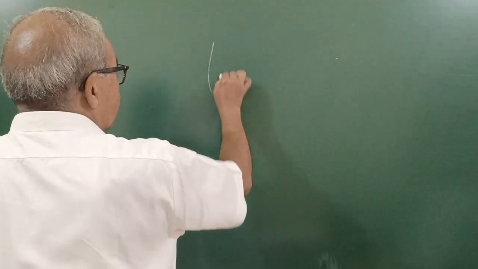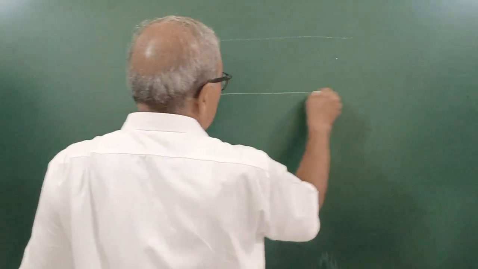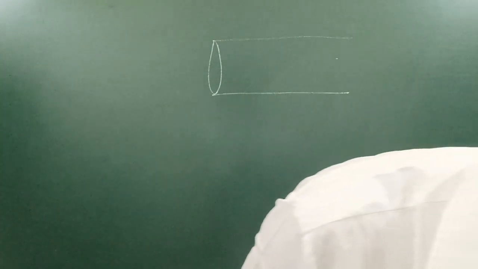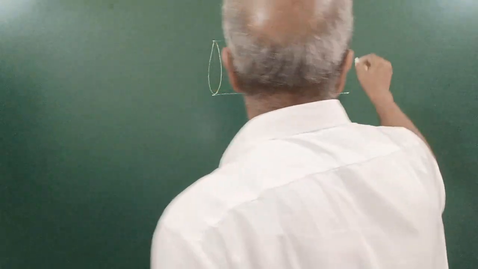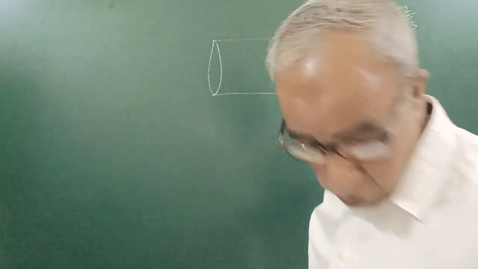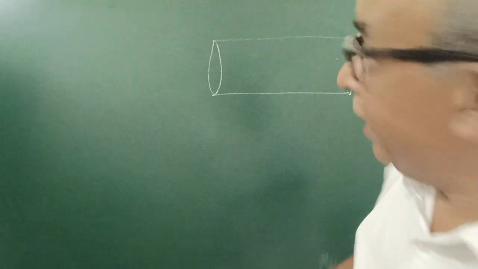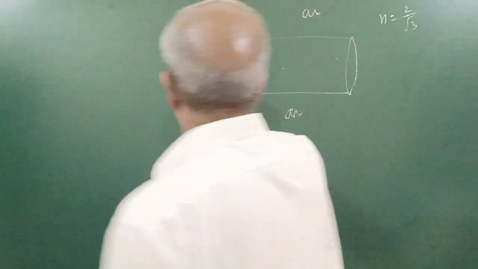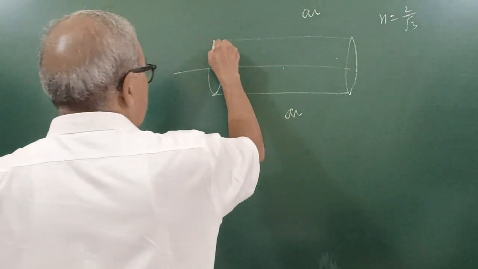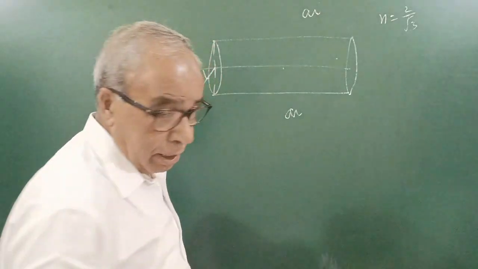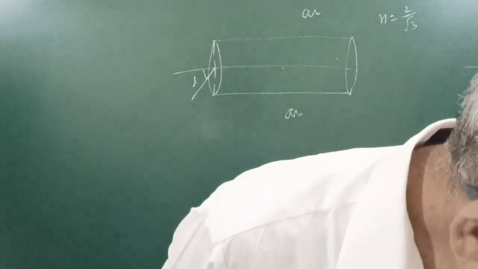So here there is a question. There is a glass cylinder of index n equal to 2 by root 3. It is surrounded by air, air here and air here, and this is glass. Here light is incident at angle I, and this light gets reflected.